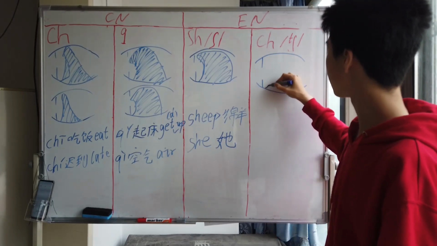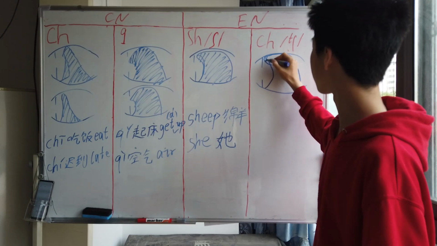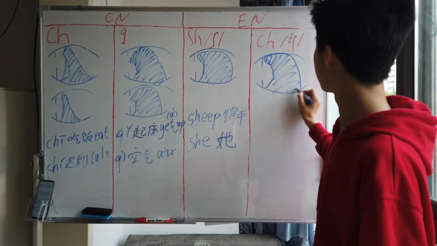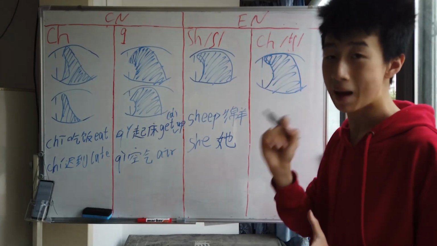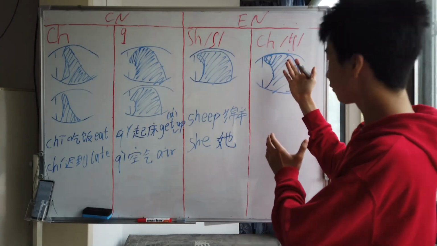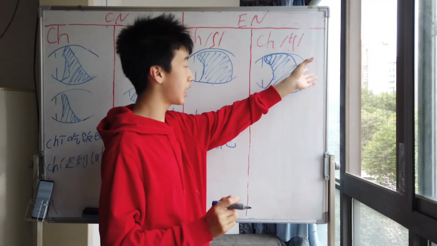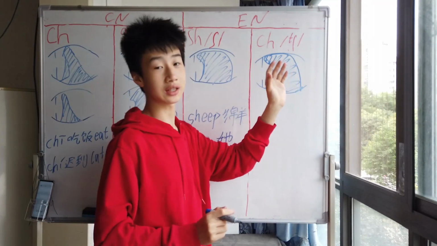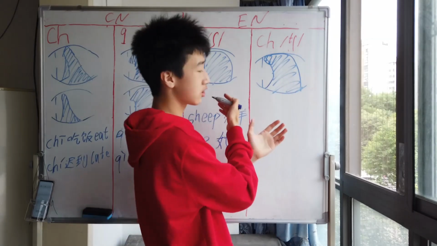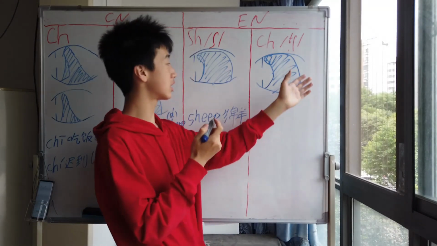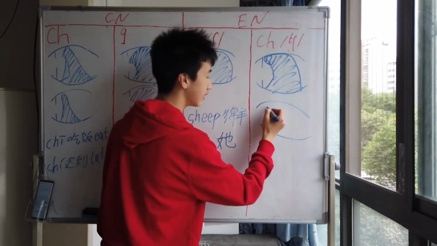So the first phase of the ch sound in English is sort of like this. It's still a surface that is touching the palate, and after touching the palate, it immediately drops down as the flow of air just rushes through and breaks through, forming a gap between the palate and the tongue.